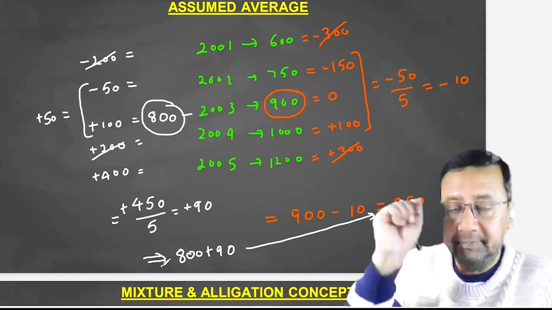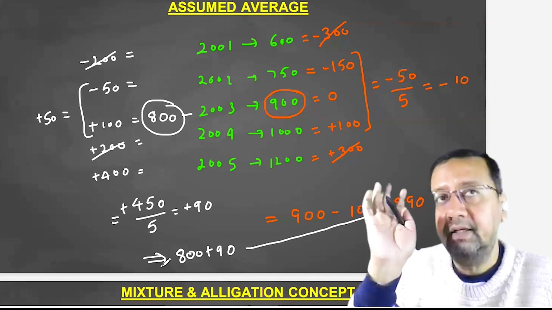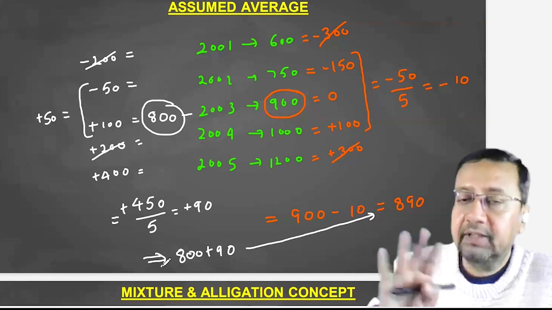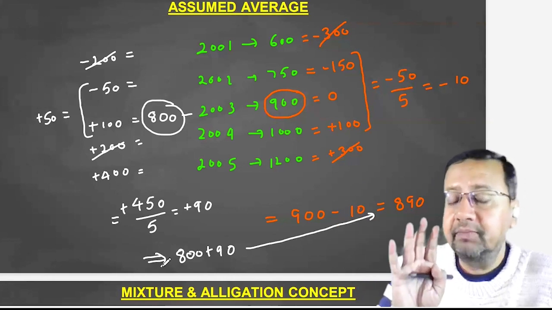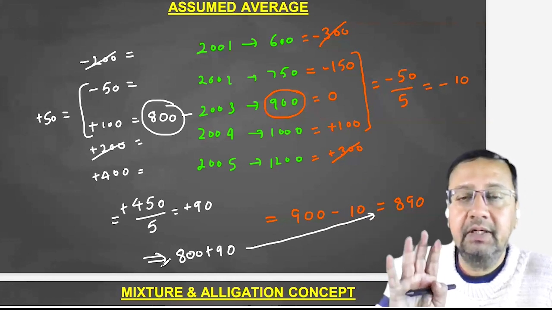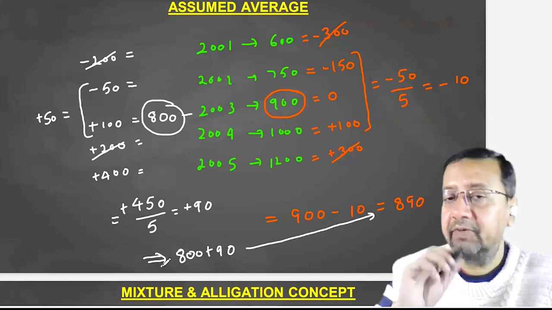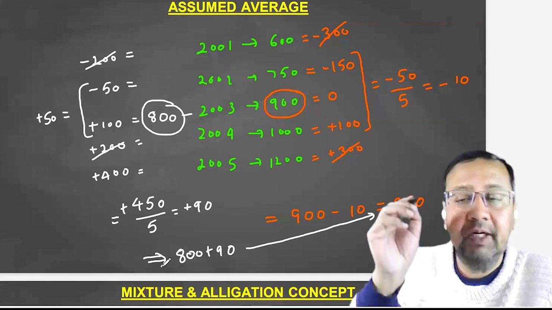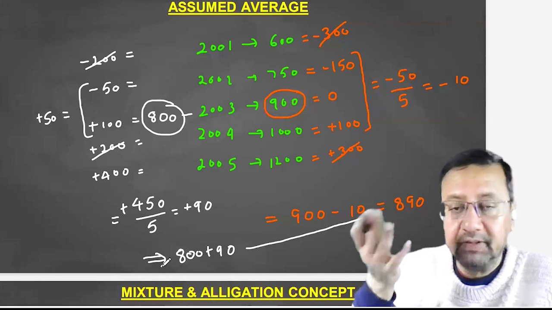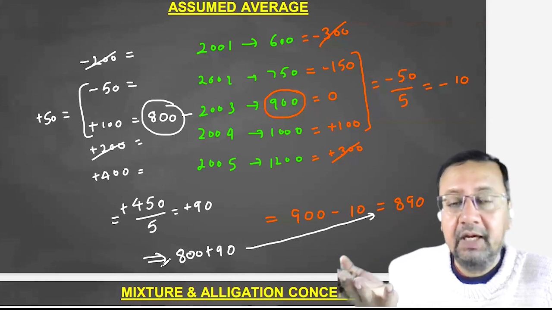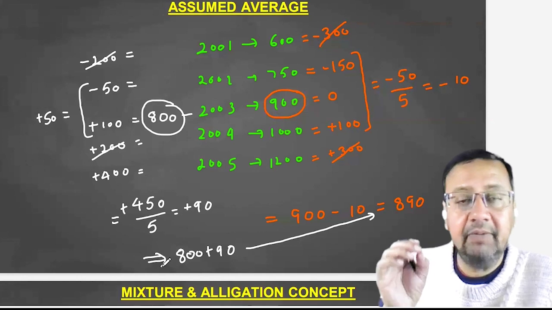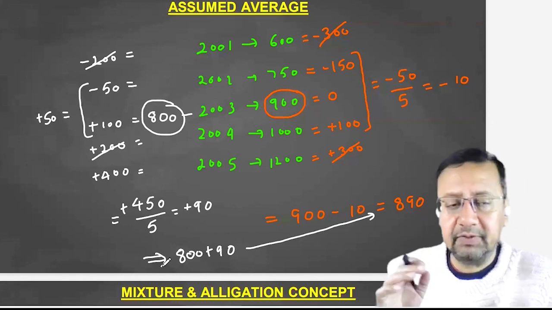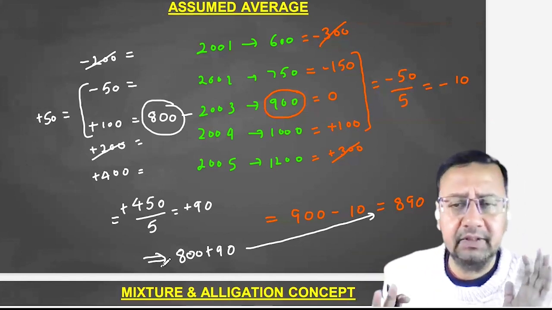Okay. But see, taking a number which is already in the group will simplify your calculation a little bit more. And if I take 900, I am getting one value as 0. So there is no calculation required for this. But if I take 800, I am getting a difference of plus 100. So there is some little calculation in there, right?